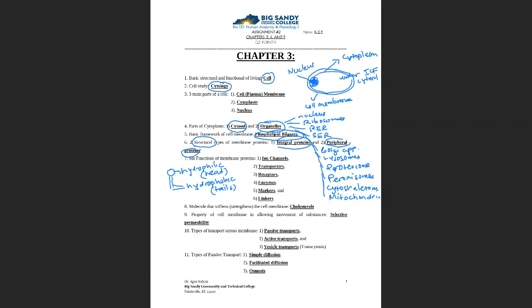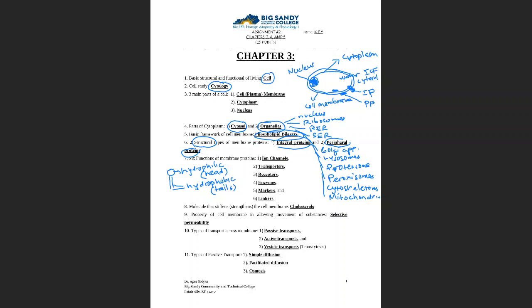Then the integral protein is the protein that crosses the cell membrane. So this is the integral protein. The peripheral protein is maybe outside or inside. It's not crossing the cell membrane. So this is the peripheral protein. Okay, so this is based on structure.